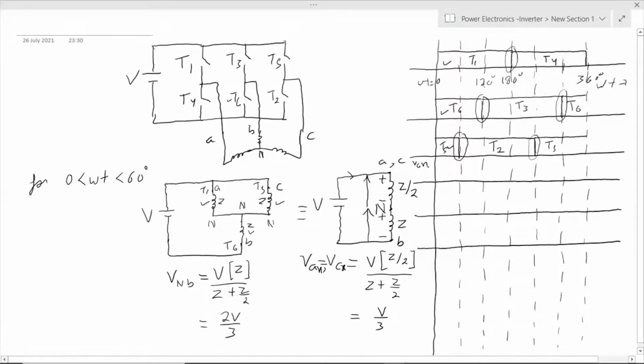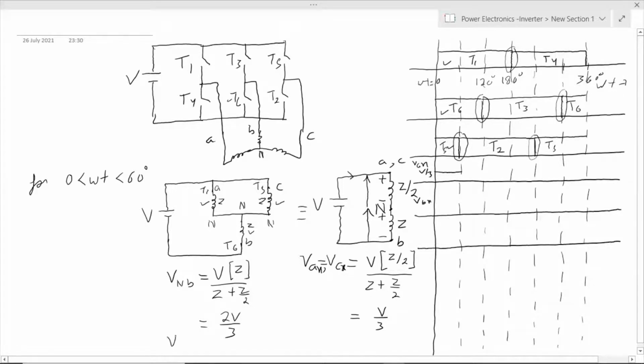In here, VAN is equal to V by 3. Let me say this is our V by 3. And what will be VBN? VBN is opposite to VNB.